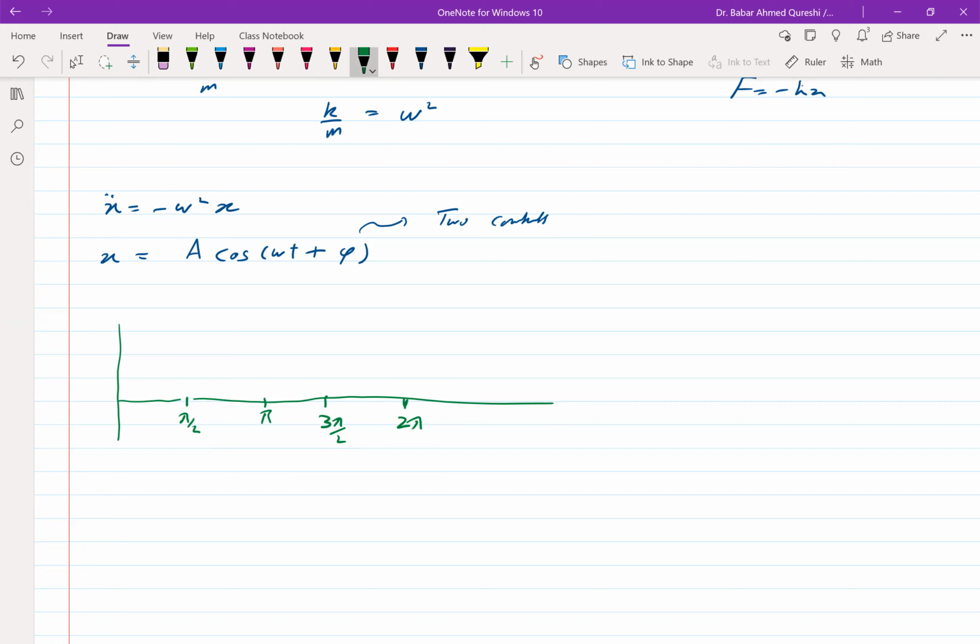If I choose phi to be 0, for example, it doesn't matter, but just as an example, let me choose phi to be 0. Then the solution goes like this. It's supposed to go as high as this.